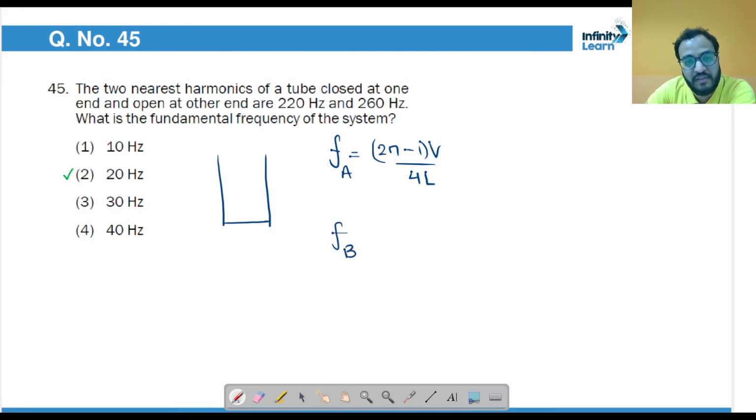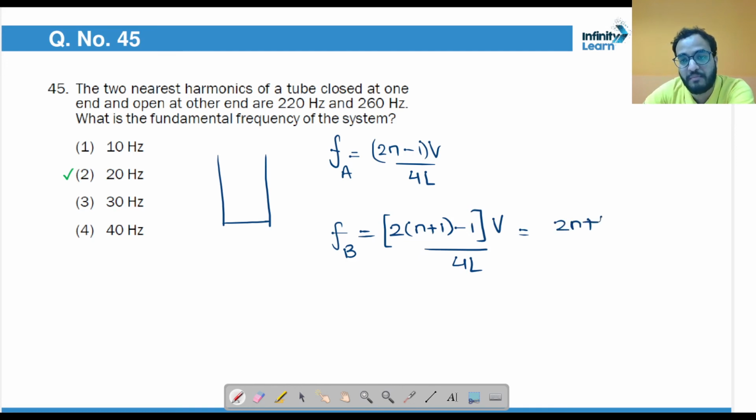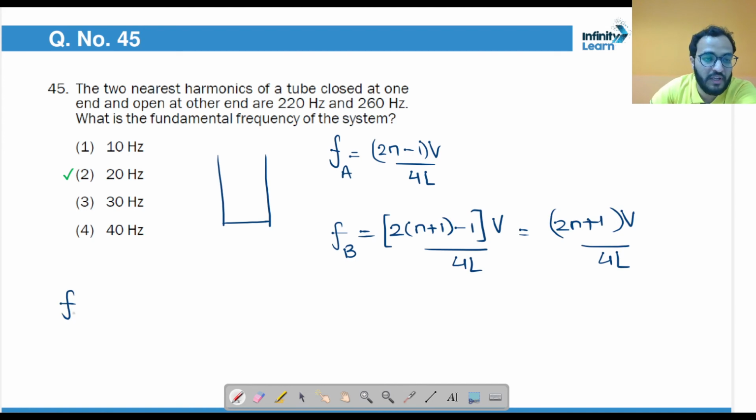Next higher frequency will be what? 2 into (n plus 1) minus 1, V by 4L. So it will become (2n plus 1) into V by 4L. Now if you do FB minus FA, it will be V by 2L, which is 40 Hertz.